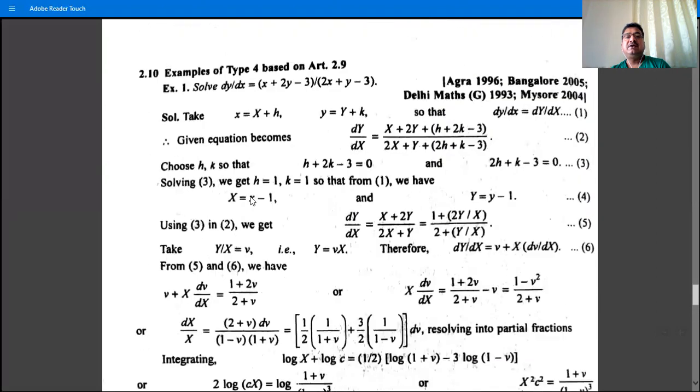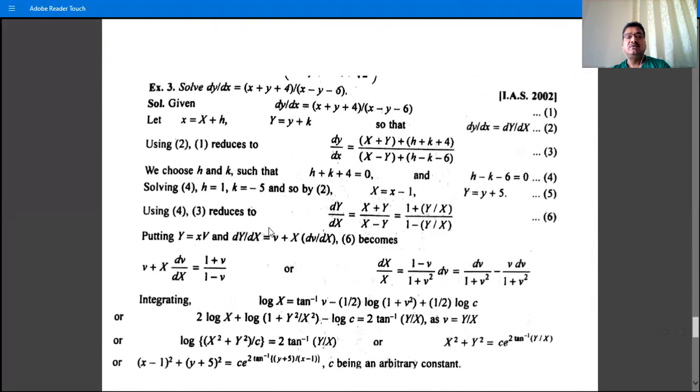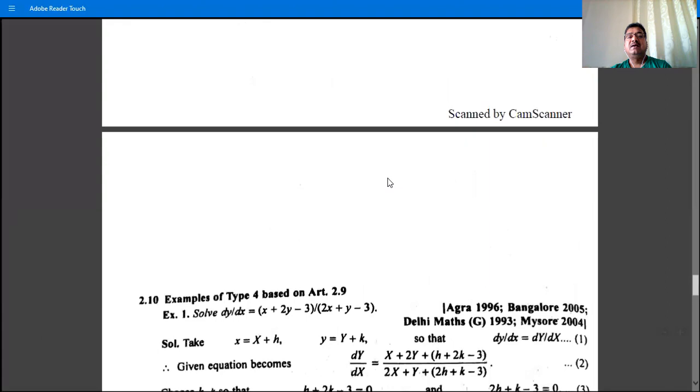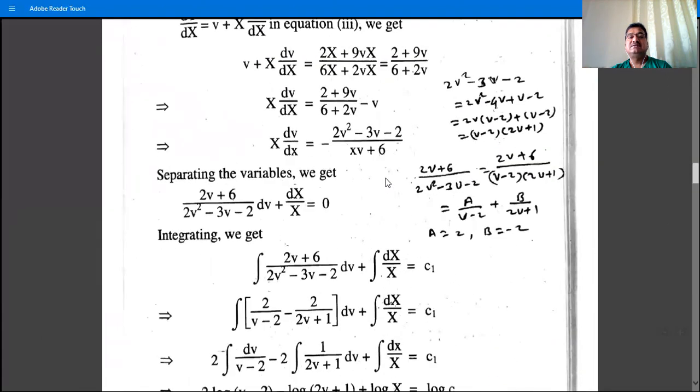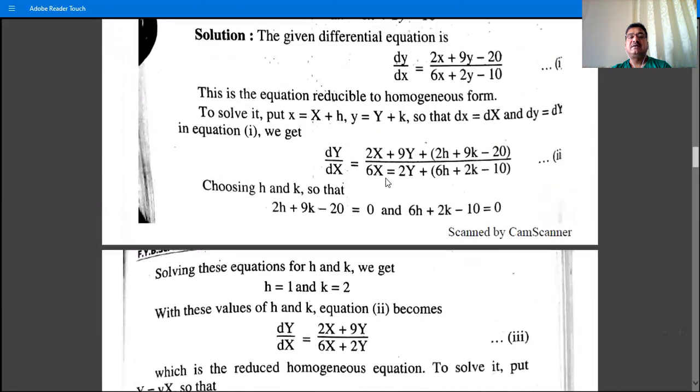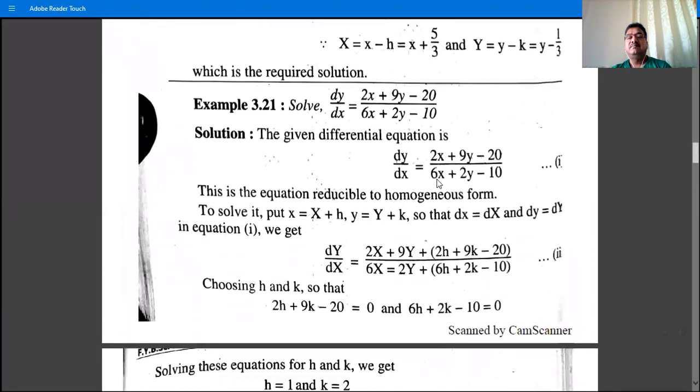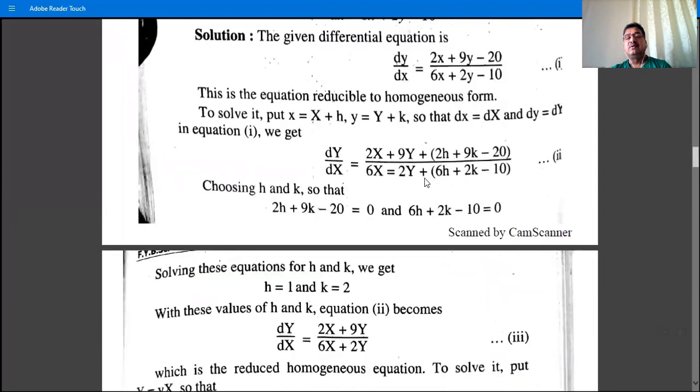So if the ratios are not equal, then we have to apply the procedure, substitute small x as capital X plus h. So these are the examples of the type. Already these examples are discussed in the previous lecture, what happens if a1 by a2 is not equal to b1 by b2.